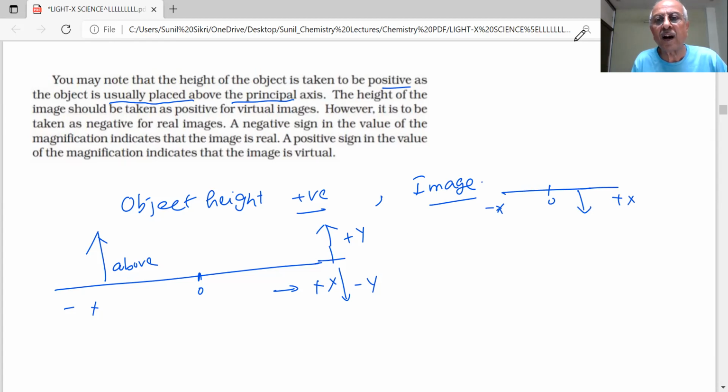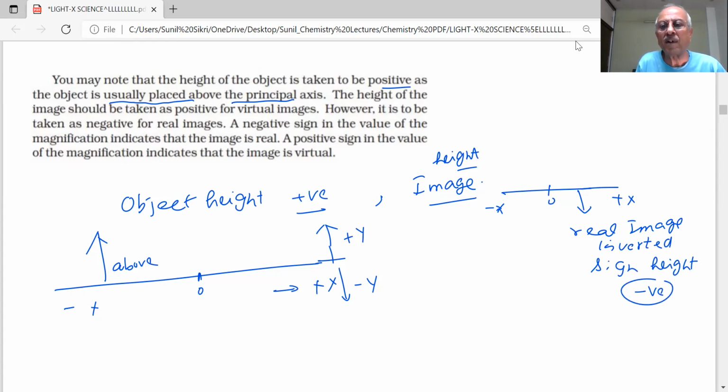This type of image is a real image. Real images are inverted and formed below the principal axis. So what will be the sign of the height of the image? Negative.